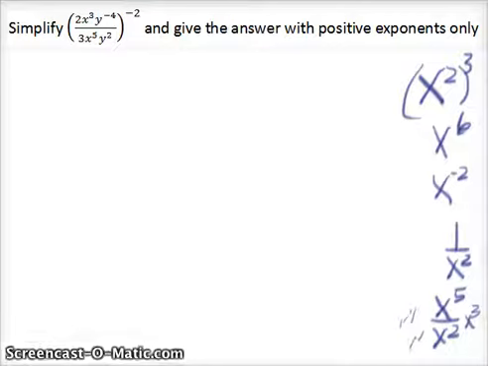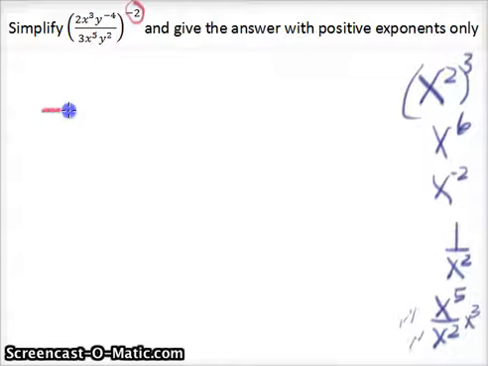All right. Now, I know what your question is. You're asking, how would I do this problem? And this is what I do. First of all, we have a power of a power. So I'm going to take care of the 2 outside by multiplying all of the factors inside.